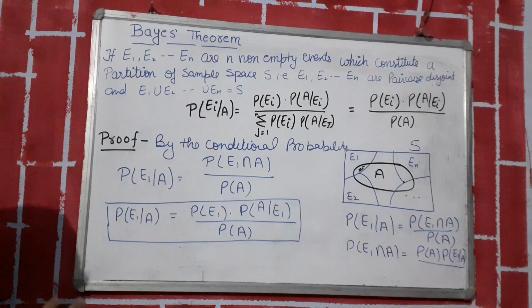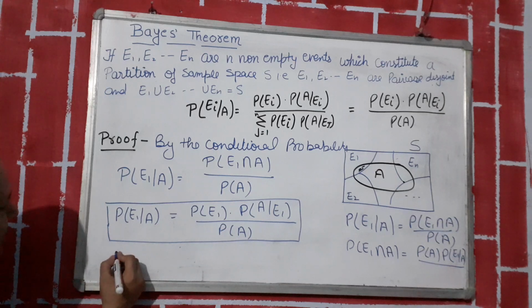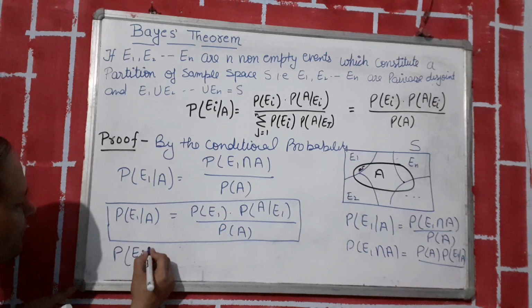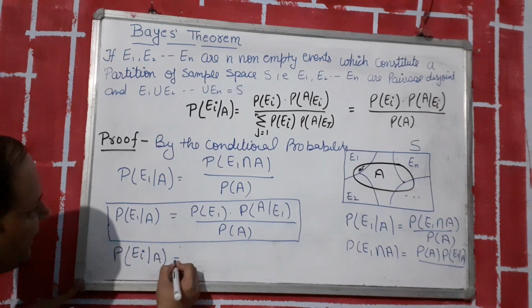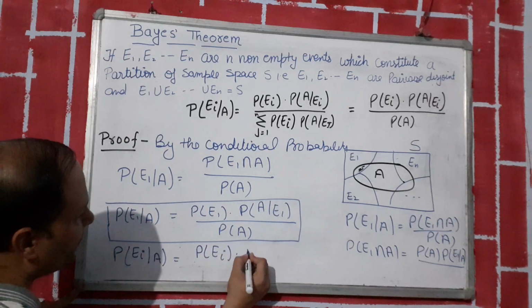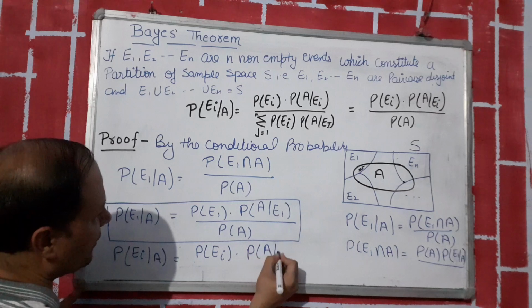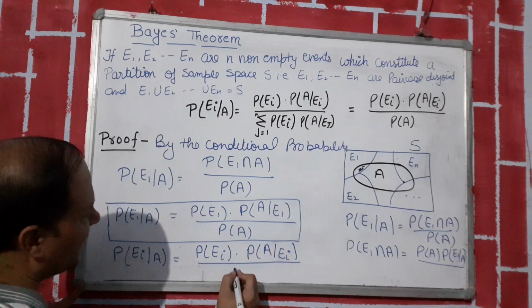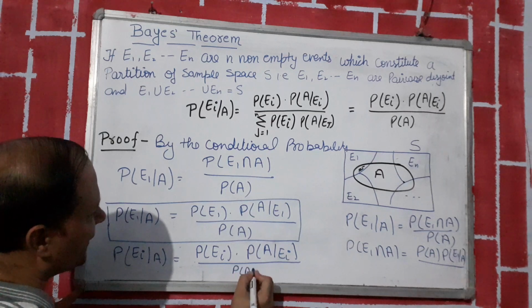So if we generalize this formula, then probability of Ei upon A equals probability of Ei into conditional probability of A when Ei has already occurred, upon P(A).